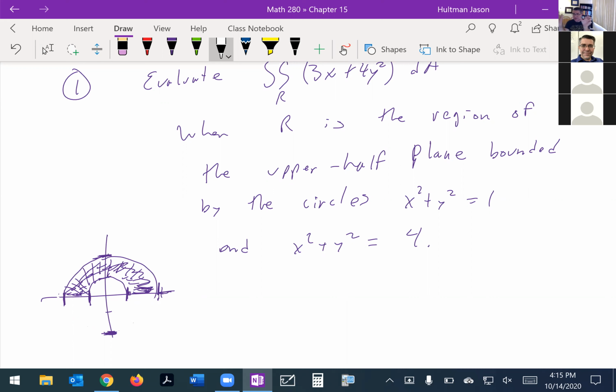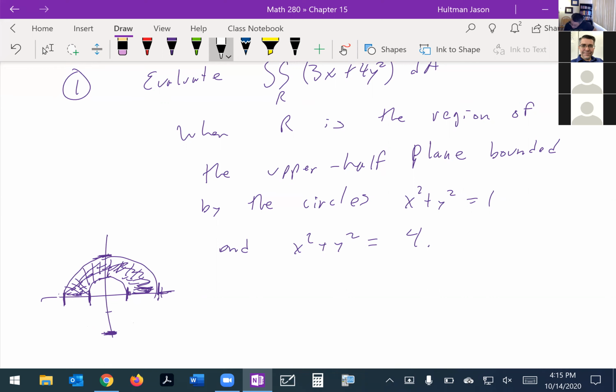I'd have to subtract those two. That would not be fun. It would only be plus because we're talking about the upper half, but still you're going to end up with y equals two square root functions. Not fun. So let's convert this to polar coordinates.